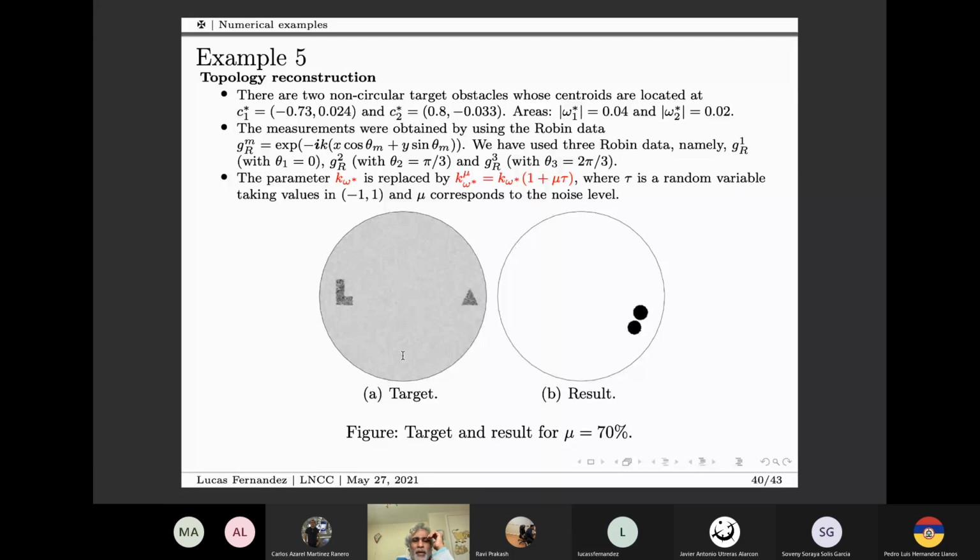I don't know if I'm able to explain myself. I think the main difference is about the obstacles themselves, because here we are considering penetrable obstacles, and you have a new boundary condition to consider as well.